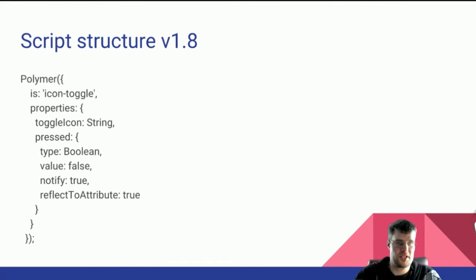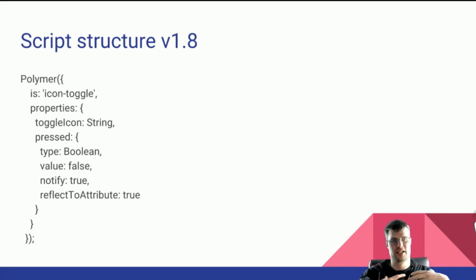And our properties could look a little bit like this. Either you have the short notation where you show toggle icon is a string, or you have a little bit longer notation where you have pressed, and then you say that the type is boolean, the value is false, and then you say if it should notify or reflect to an attribute.